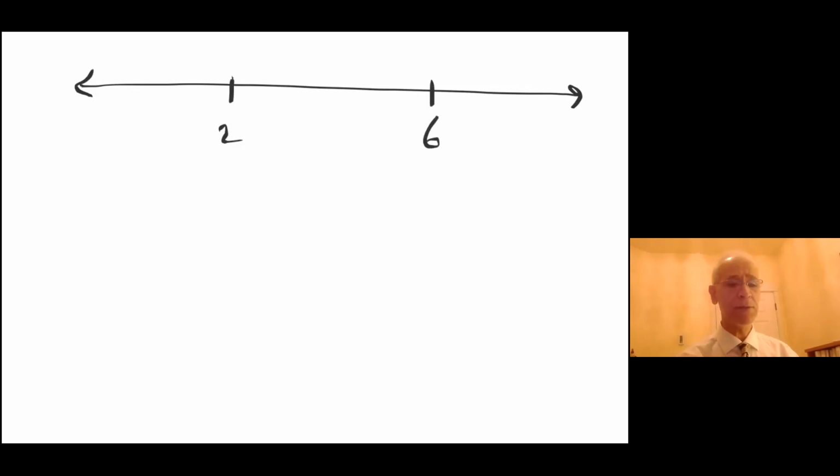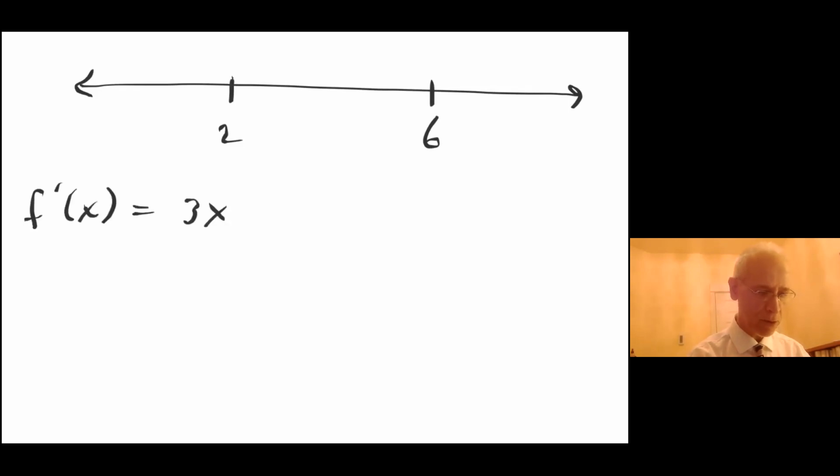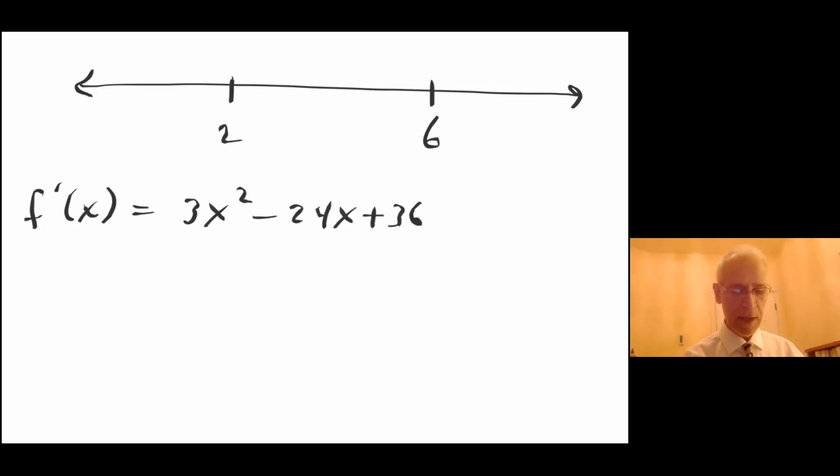If I choose a number to the left of 2, say 0, and plug that 0 into my derivative, f prime of x equals 3x squared minus 24x plus 36, notice that if I apply 0, I get a positive value to the left of 2.